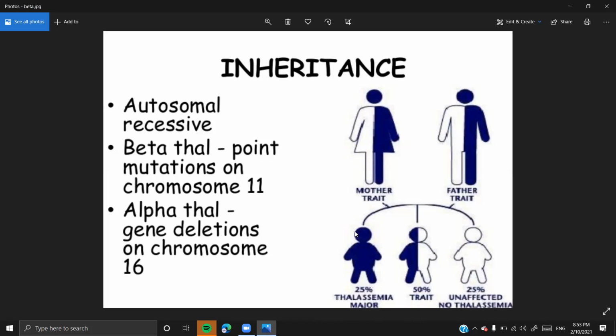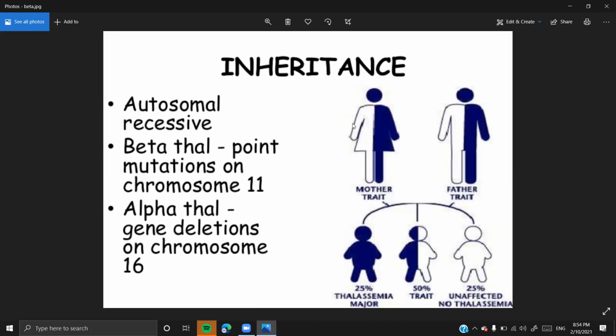For instance, if you can see here the diseased trait, both the parents that you are seeing on your screen are carriers, but they have each donated half of the disease gene. Together, both chromosomes have the defect, so 25% of the children are going to develop thalassemia.